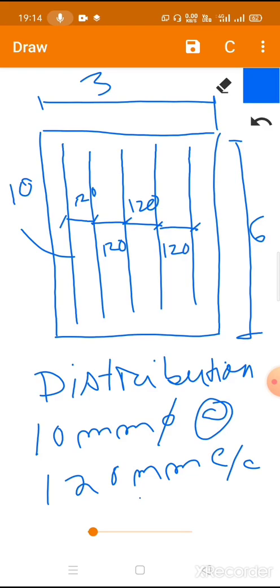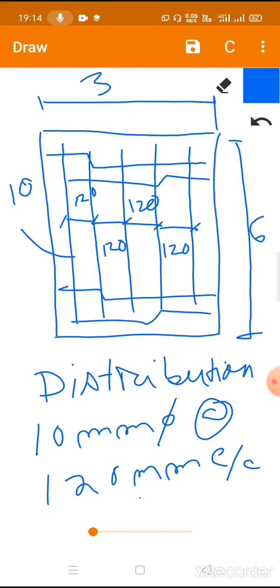Okay, so it will go like this. First of all, main reinforcement was laid in this direction, like this, and above the main reinforcement we have laid the distribution bars like this. Now these distribution bars are laid at the bottom.